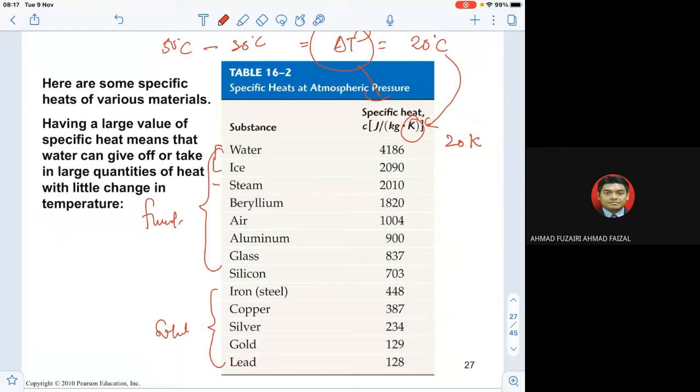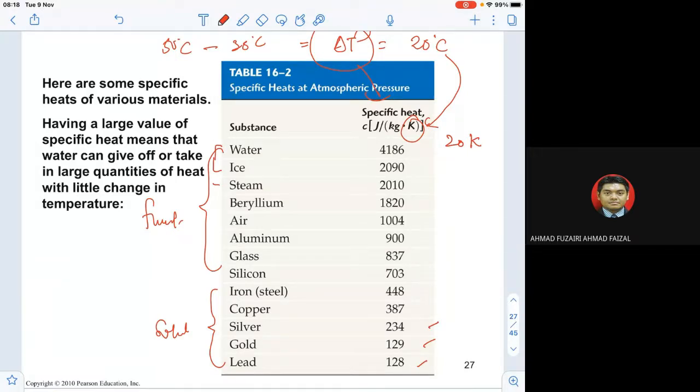It takes about 4,000 joules of energy to increase the temperature of 1 kilogram of substance by just 1 degree Celsius or 1 Kelvin. For lead, gold, or silver, you only need 200 or 100 something. So solids are very easy to heat and very easy to cool.